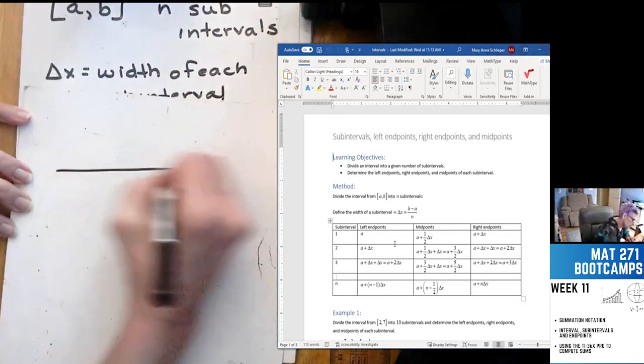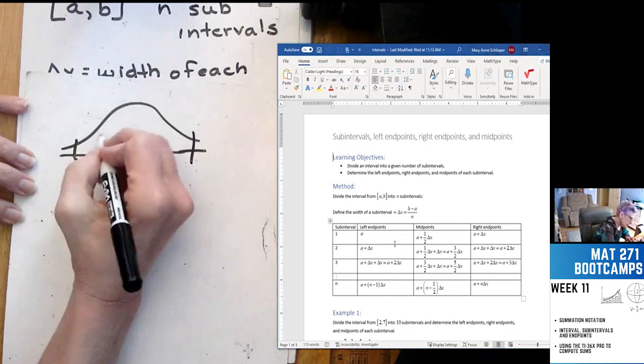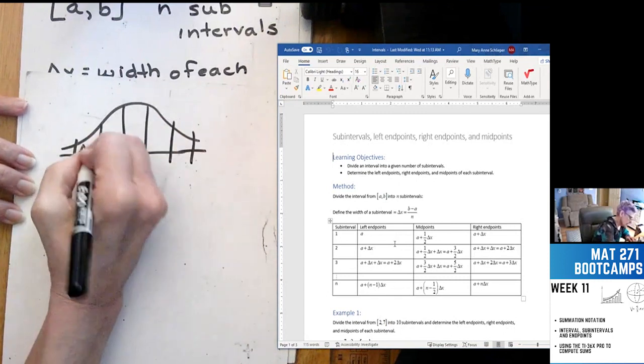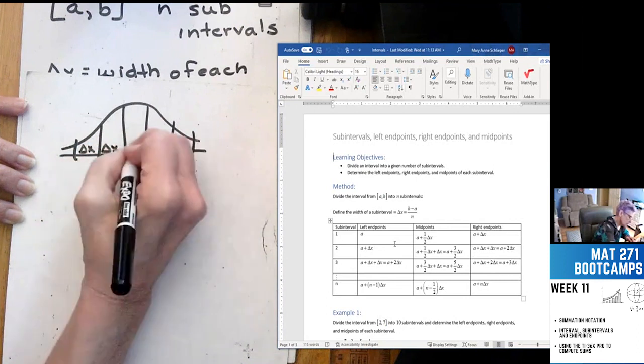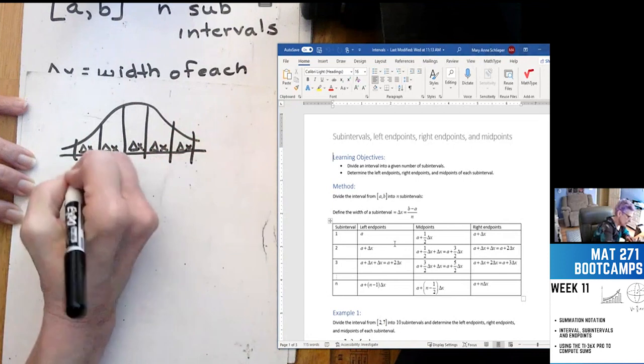Right endpoints, see if I can make 5 sections again. So we have 1, 2, 3, 4, 5.